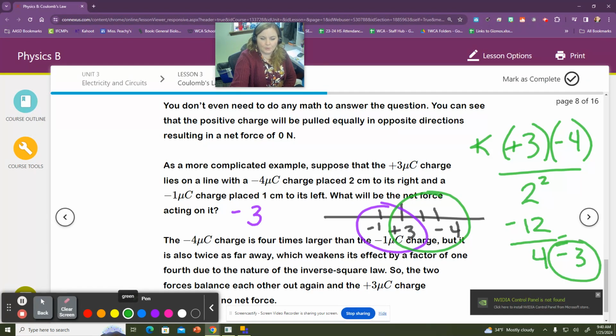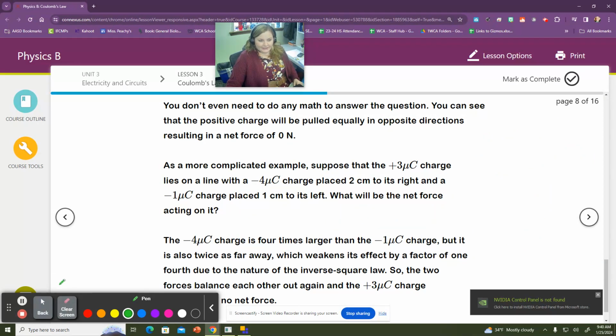So -3 pulls in one direction and -3 in the other direction, and that means it's getting pulled equally in both directions, so the net force on it is 0. So if you don't know, that's kind of how you break it down. You look at the forces between these two first, and between these two, and then between these two.